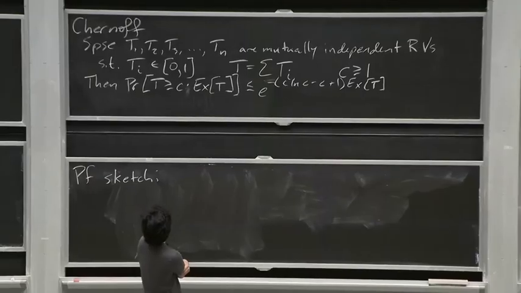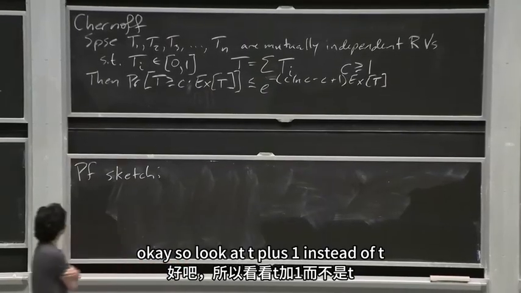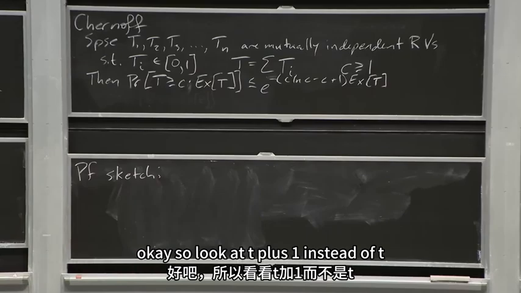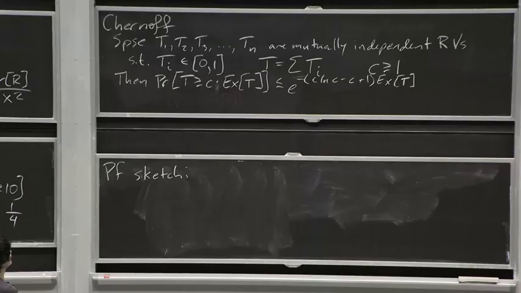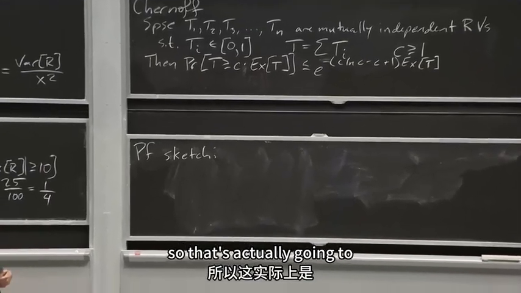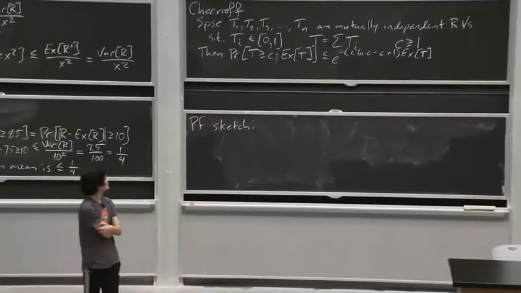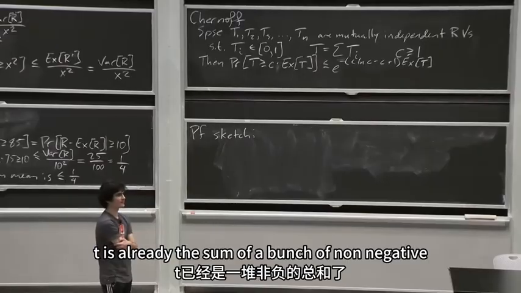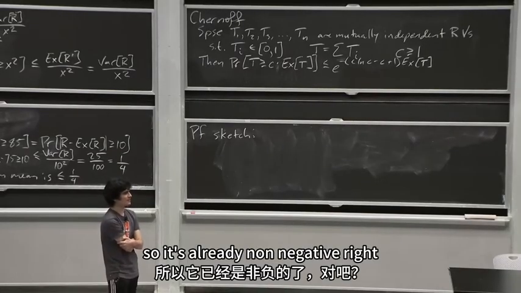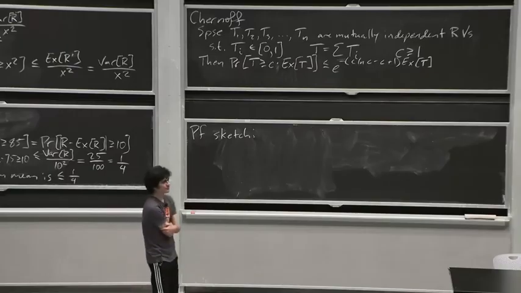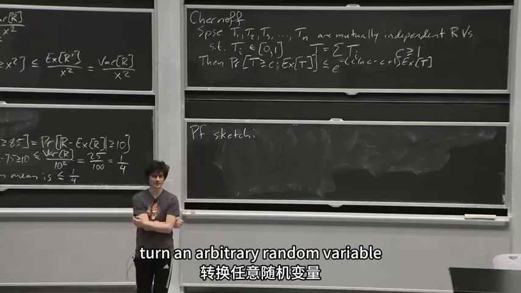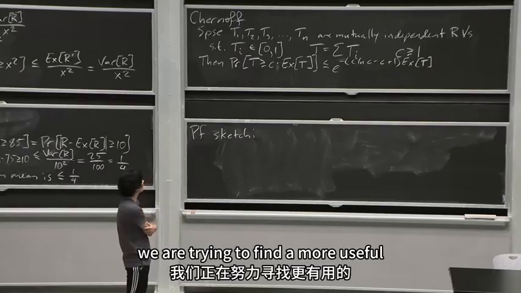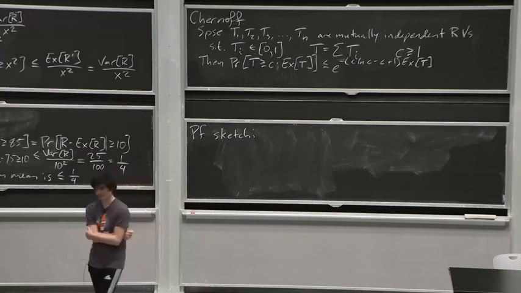Add 1. Okay, so look at T plus 1 instead of T? That's actually not going to help us. T is already the sum of a bunch of non-negative random variables, so it's already non-negative. We're not looking to turn an arbitrary random variable into a non-negative one. We are trying to find a more useful non-negative random variable.